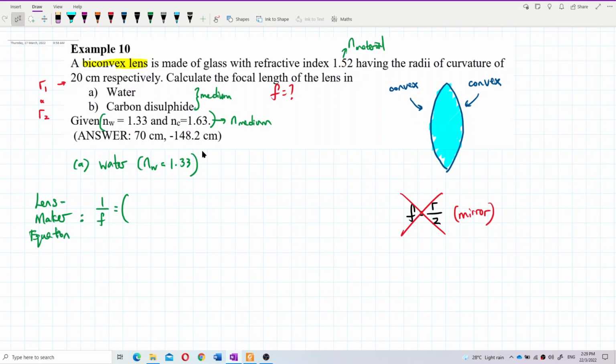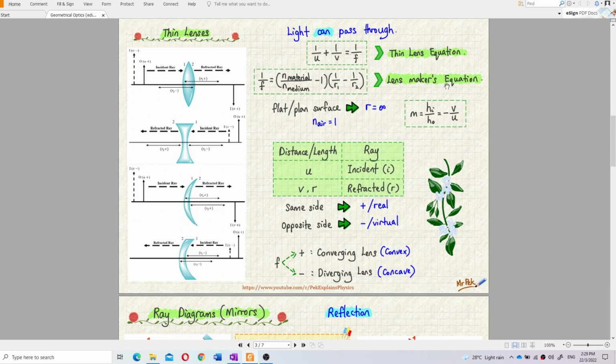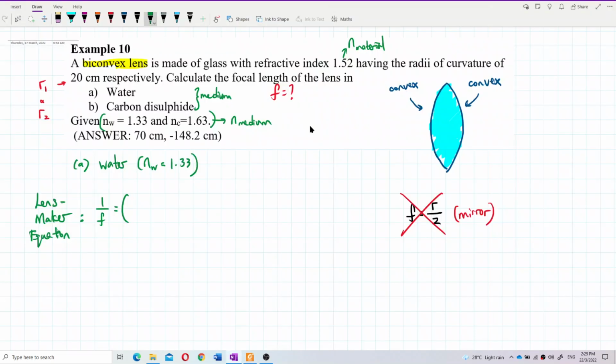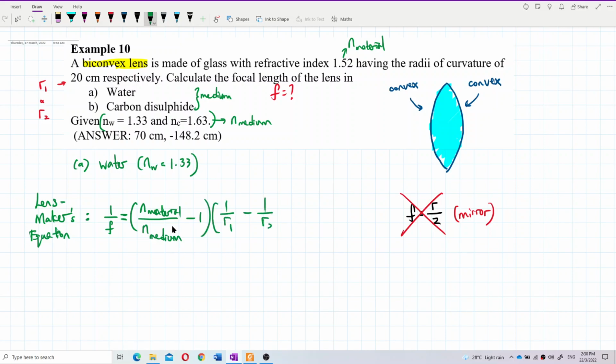Okay, the formula is 1/f equal to (n material over n of the medium minus 1), times (1/R1 minus 1/R2). Be careful, it is R1 minus R2, not R2 minus R1.